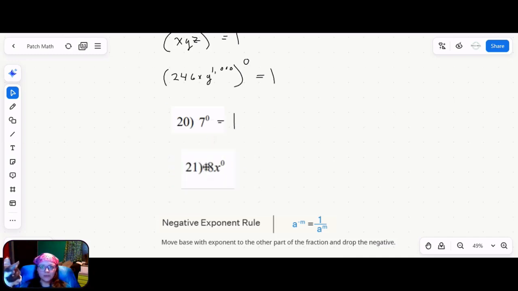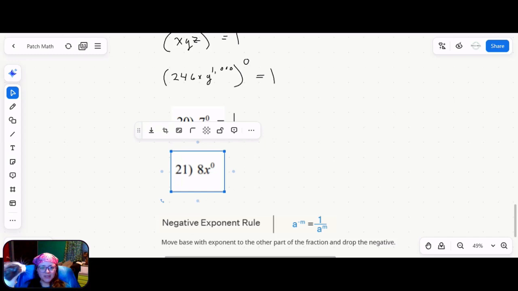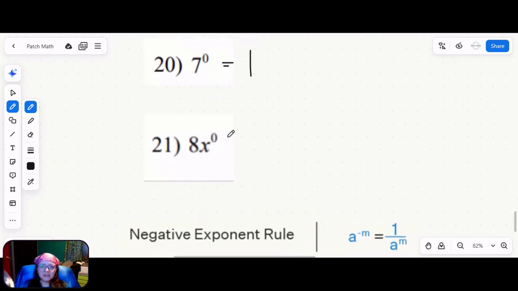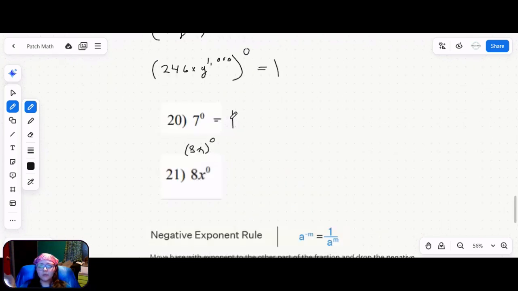It is only what the 0 is directly connected to that will become 1. If there were parentheses around this, that's a vastly different problem than if there were not. So that is important. Let's say we had 8x in parentheses, all raised to the 0th power. Well, based on everything we've learned so far, we know that will be 1.